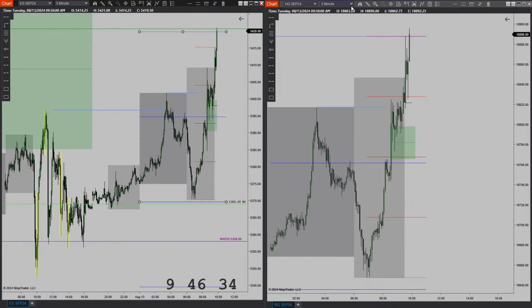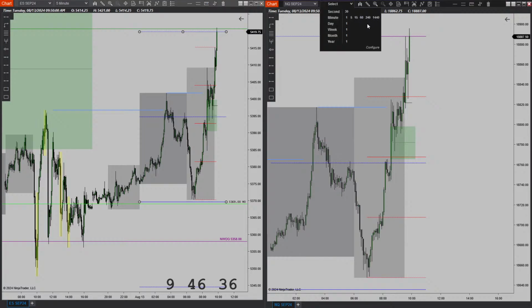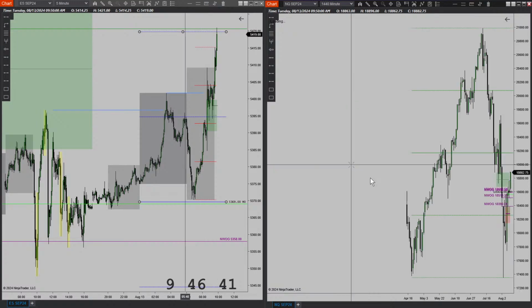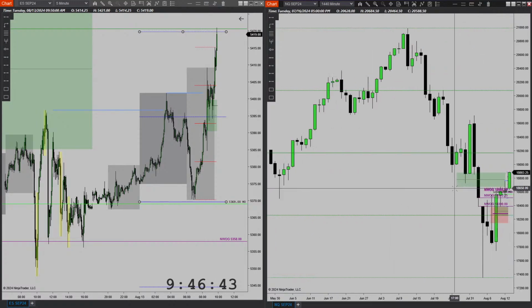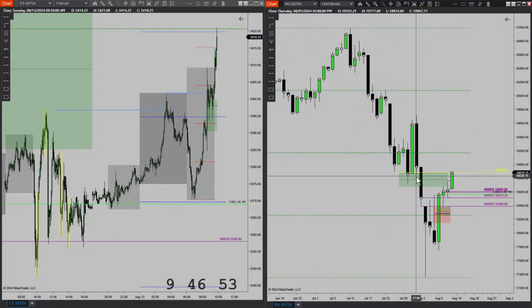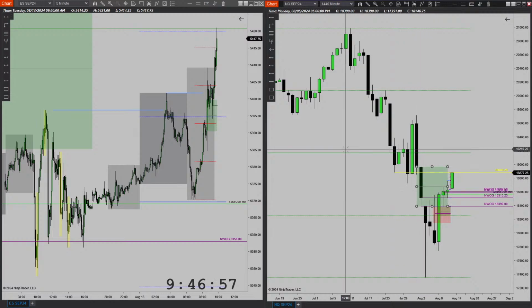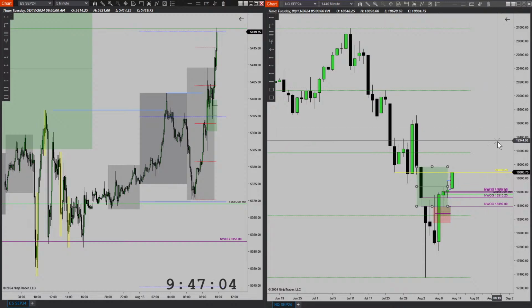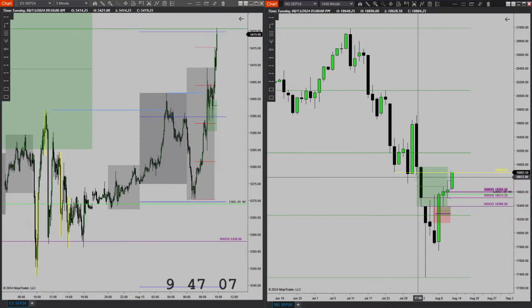But the last line of defense for me will be the complete rebalance. The weekly imbalance is narrower than the daily one, which is from here to here. So what I'm going to do is I'm going to do this. There we go. And on ES, we have yet to do that, so I'll just leave it at that.